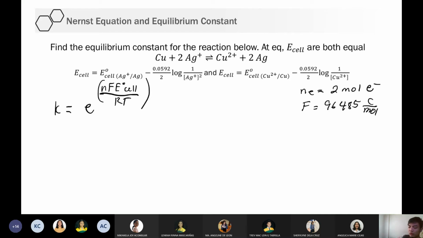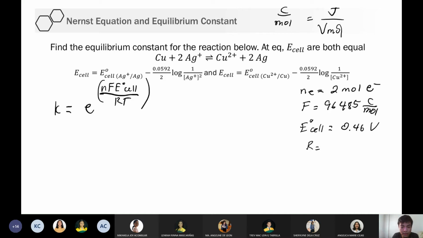By the way, yung coulombs per mole, this is also equal to joule per volt mole. Yan, kung gusto mo mag-cancel out ng units. Yan, puro physics na yan. Kung naaalala nyo pa sa physics nyo. The E naught cell, nakuha na natin to kanina, 0.46 volts yon. Okay.